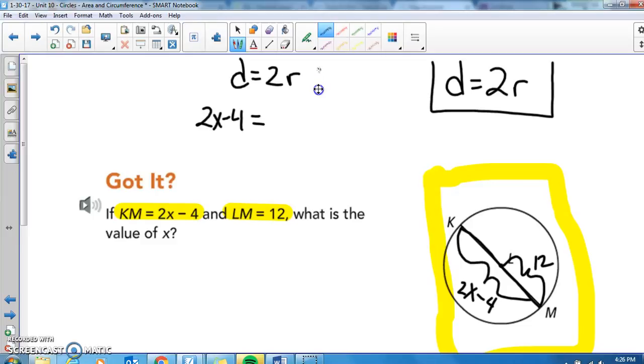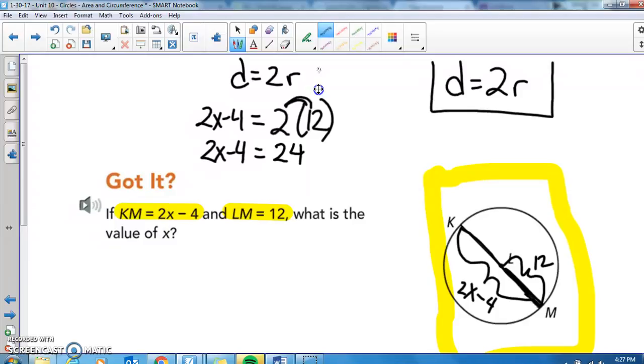We know the radius is halfway, so the halfway measurement would be from M to L, or L to M. And so that would be 12. So all I'm doing is taking that formula that we talked about the other day that you should have in your notes and substituting the information in. So all I'm going to do is work through this formula. 2x minus 4 stays the way it is because we can multiply 2 and 12, and that gives us 24.